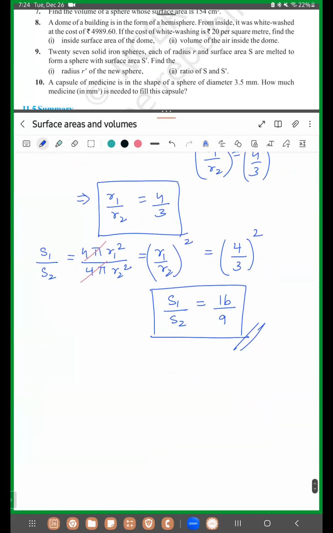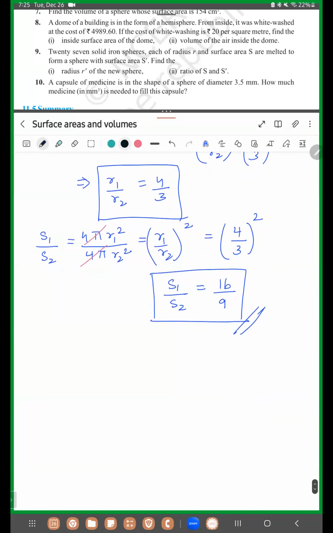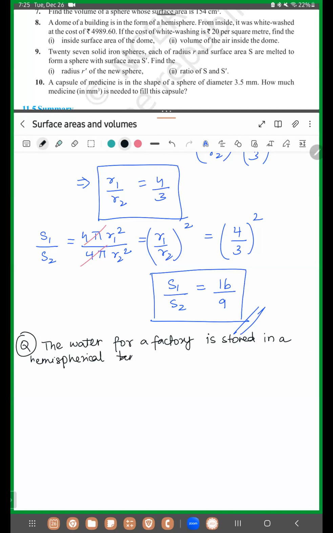Okay, let's come to another question. The water for a factory is stored in a hemispherical tank whose internal diameter is 14 meters.